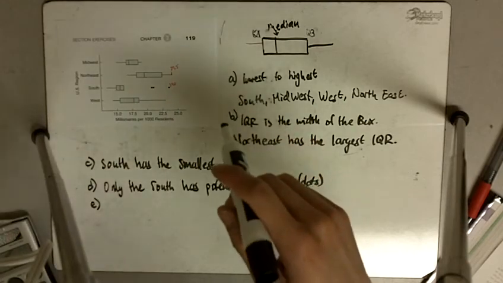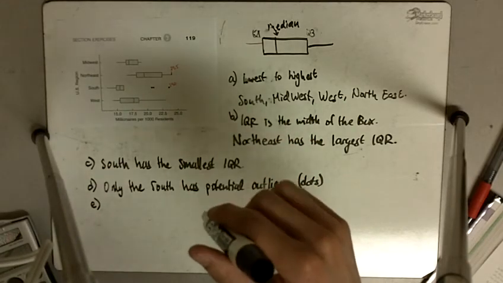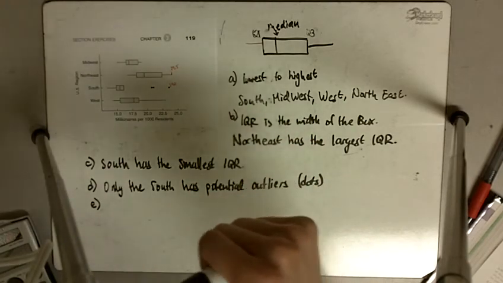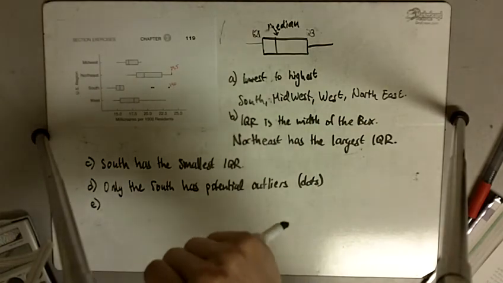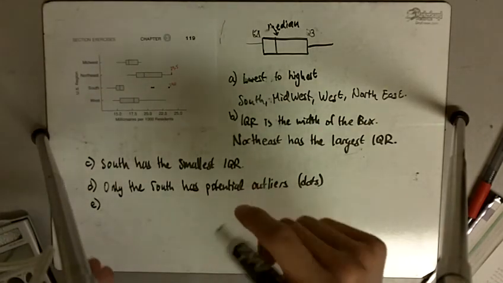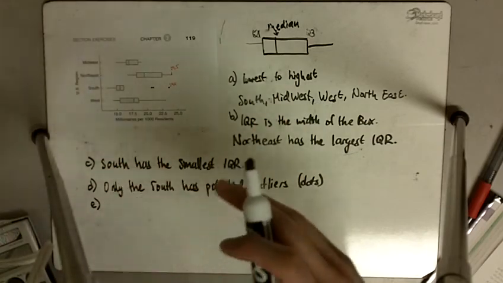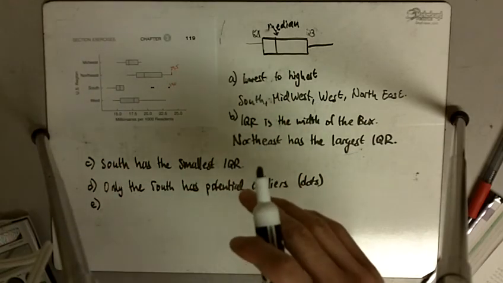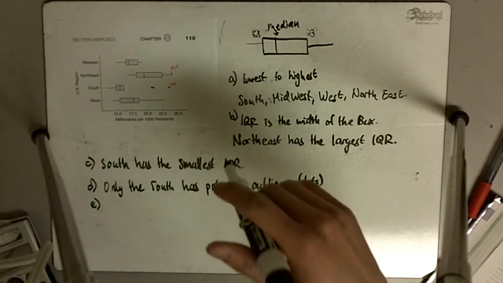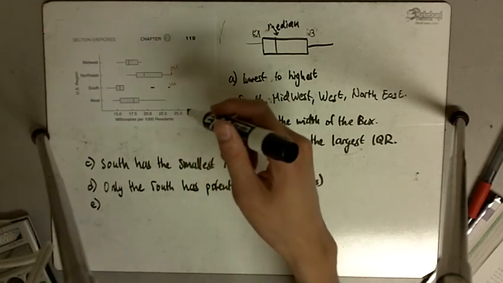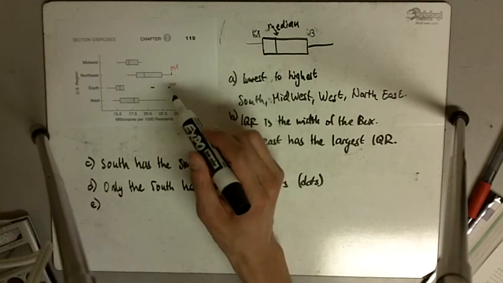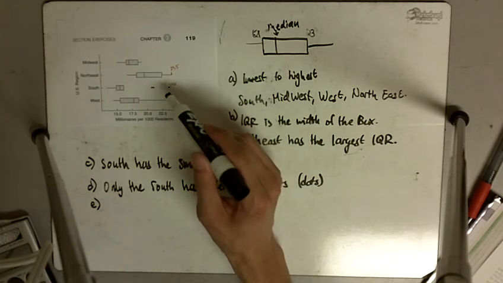If we think about the South, that's probably going to be places like Georgia, Alabama, Mississippi, and maybe they all have about the same rate of millionaires. But then you might have a place maybe like Florida where you have a lot of millionaires, and that seems, compared to the rest of the region, unusual.